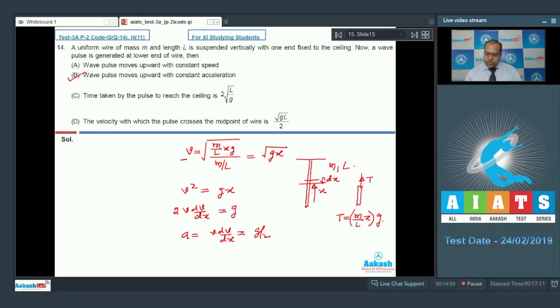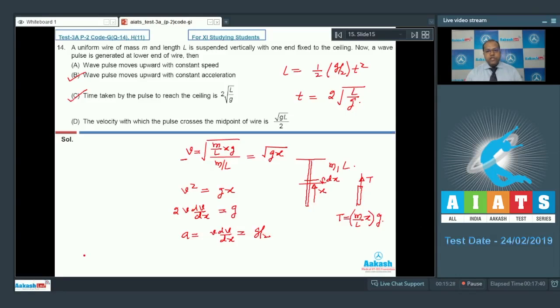Since the acceleration is constant and at x equal to 0, v is 0, the displacement is L, which is equal to ut, that is 0 into t, plus half into a, that is g by 2, into t square. If I solve, the value of t comes out to be 2 times under root L by g. So option C is correct.